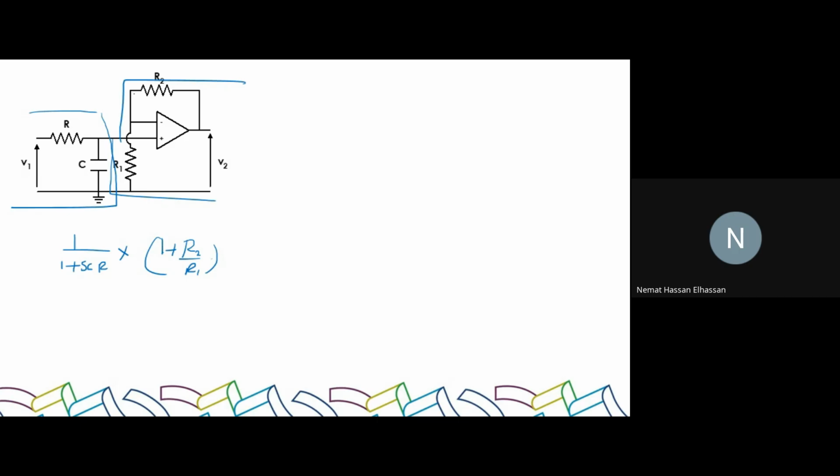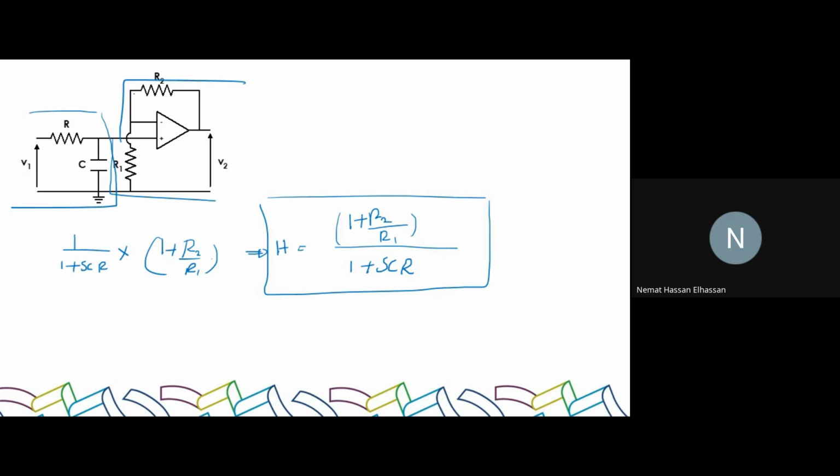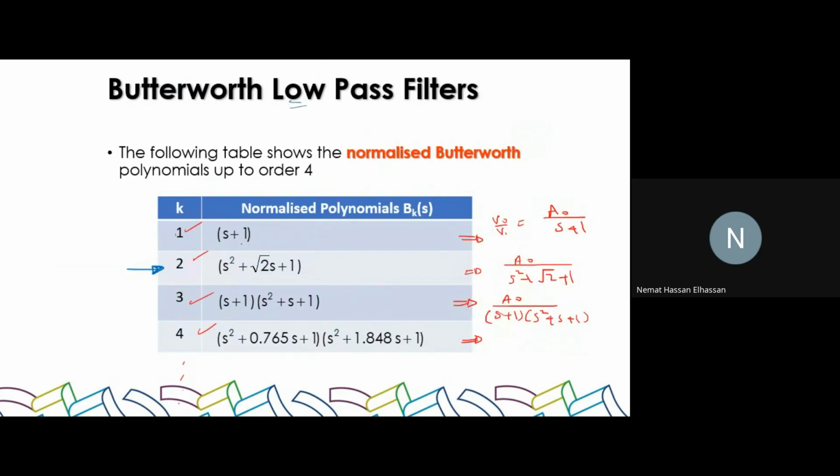So if you look at this, we can say that the gain H is equal to 1 plus R2 over R1, which is an entire constant value because the resistance value is constant, right? It doesn't change with change of frequency. So you can say 1 plus R2 over R1 all divided by 1 plus SCR. This is your transfer function, correct? Now, if you compare this to, what do I have? To my table, what does it look like?